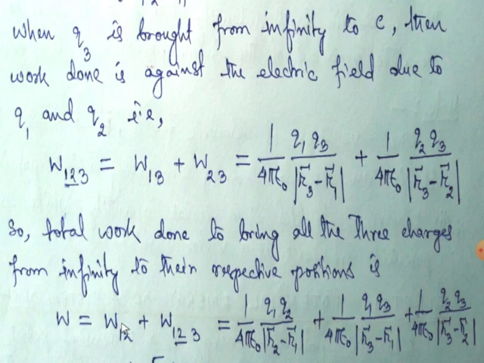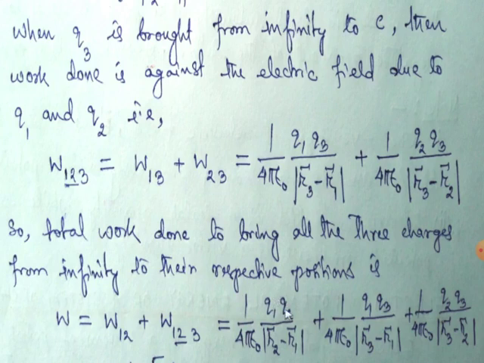W12 was in the previous slide. There we wrote that this will be equal to 1 by 4 pi epsilon naught Q1 Q2 divided by the modulus of R2 vector minus R1 vector. Got it? So this is the work done in bringing Q2 against the electric field of Q1.